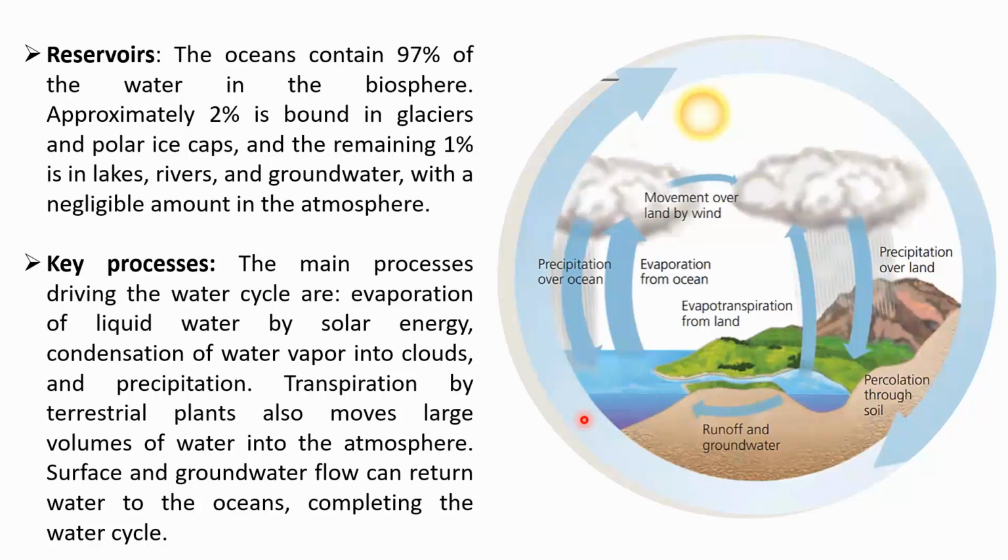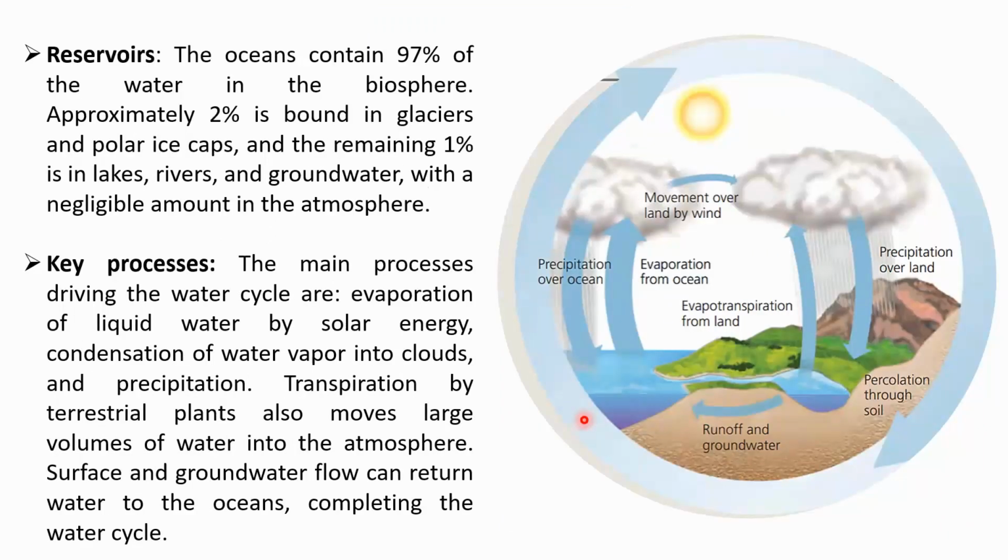Precipitation may be rainfall or a hailstorm, etc. The precipitation over land returns water to the soil. The percolation of water through the soil, or runoff and groundwater, again leads to the replenishment of water in the oceans.